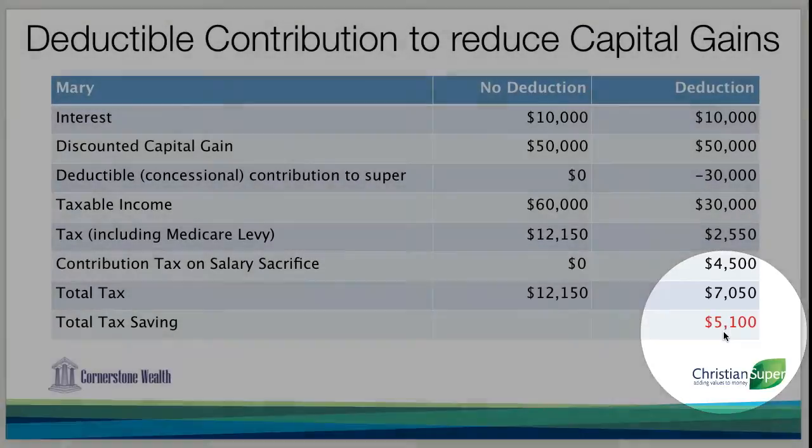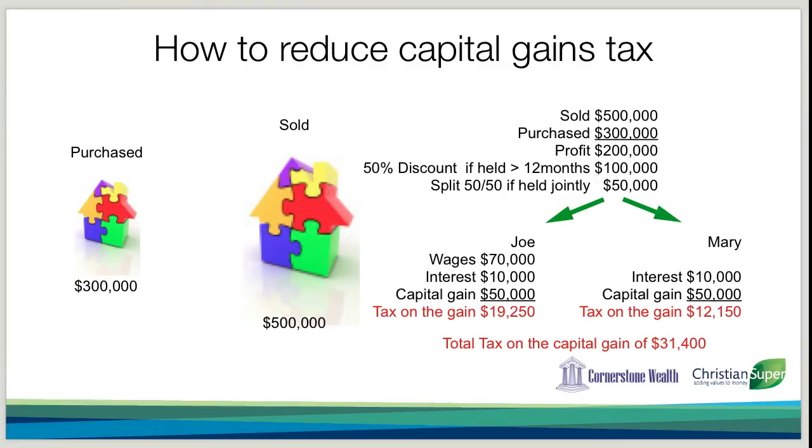But the total tax reduces by $5,100. So if we go back to the full scenario, we've reduced the tax on the capital gain from $19,250 to just under $9,000 for Joe, and we've reduced the $12,150 in tax down to just over $7,000 for Mary. So that's reduced the total tax on the capital gain down from $31,400 to $16,031.